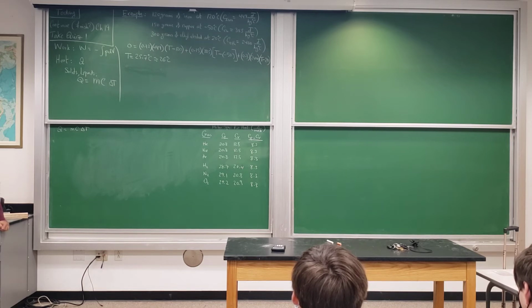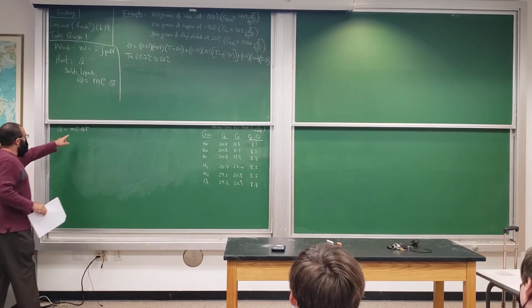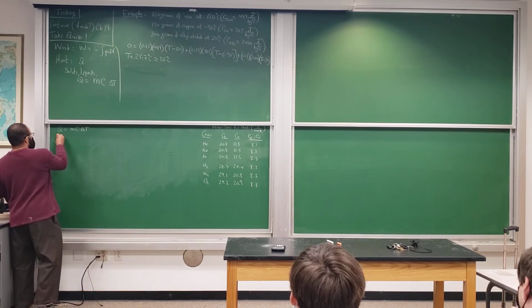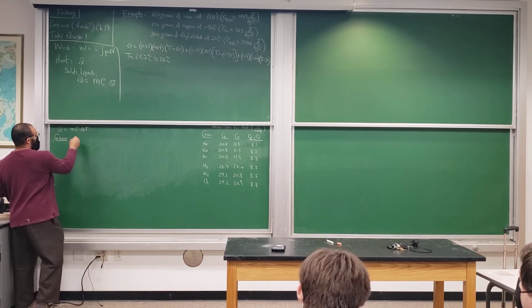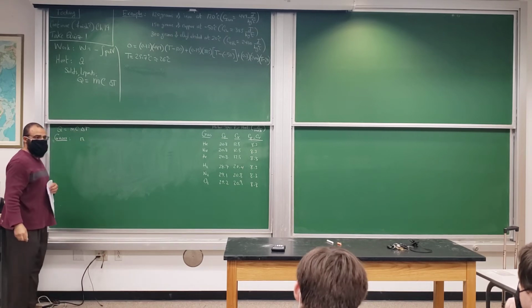You can have more molecules packed in there, so I care about how many molecules there are, because that's directly related to the mass. The mass would be the number of molecules times the mass per molecule. So for gases, it's better to speak of the number of moles.